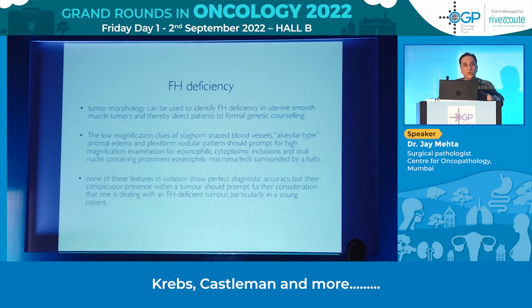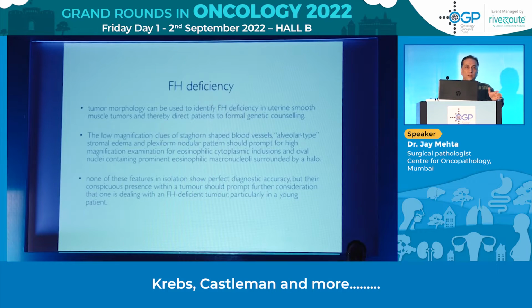So how is it useful to us as pathologists? Tumor morphology can be used to identify FH deficiency in uterine smooth muscle tumors and thereby direct patients to formal genetic counseling. The low magnification clues of staghorn-shaped blood vessels, alveolar-type stromal edema, and a plexiform nodular pattern should prompt a high magnification look for eosinophilic cytoplasmic inclusions, oval nuclei containing prominent eosinophilic macronucleoli, and a halo around these nucleoli.